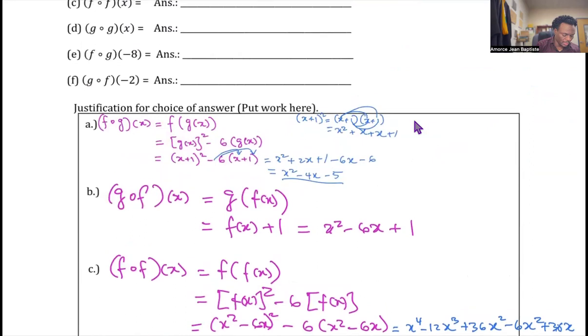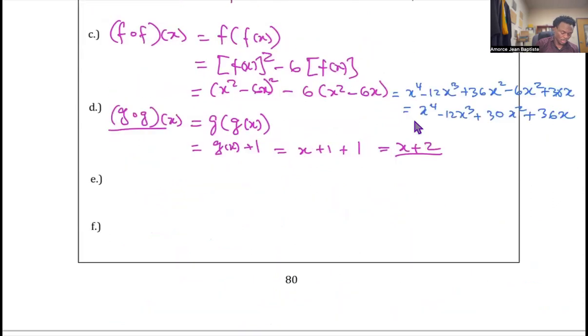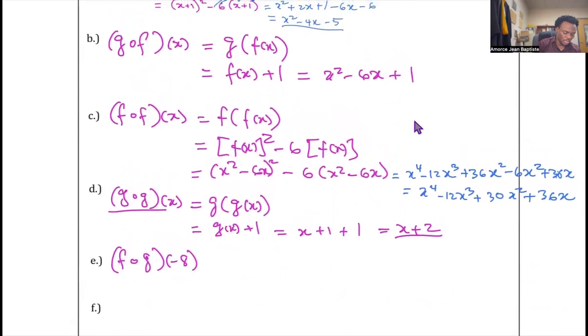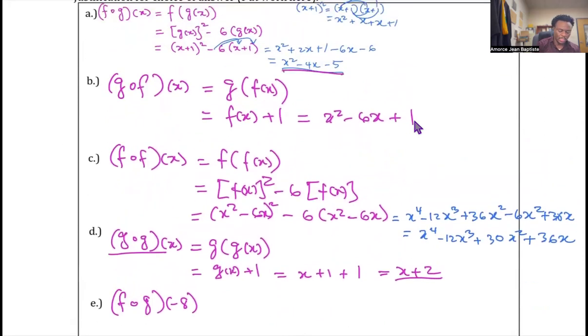Next question here, they say find f composition g of negative 8. You have two ways you can find it. You can go back to f composition g, what you had, and plug in negative 8 to find it.